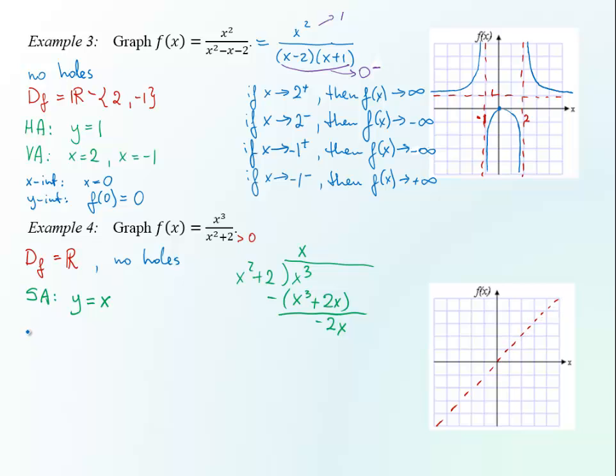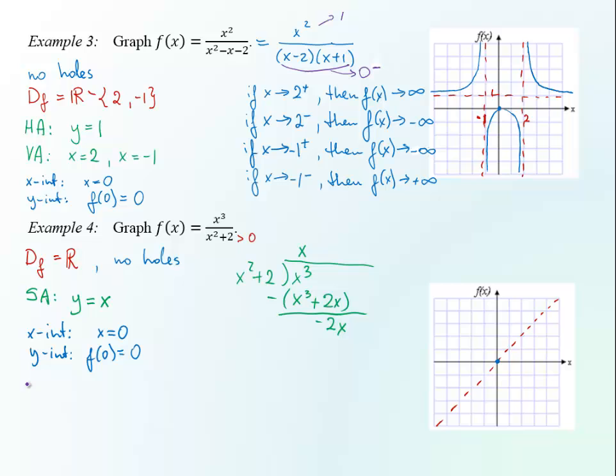Next, let's check our x and y intercepts. For x-intercepts, y is 0. That means the intercept comes from the numerator being 0, so just x equals 0. For the y-intercept, we evaluate f of 0, which is still 0. Therefore, the graph goes through the origin. This is the common point for x and y.